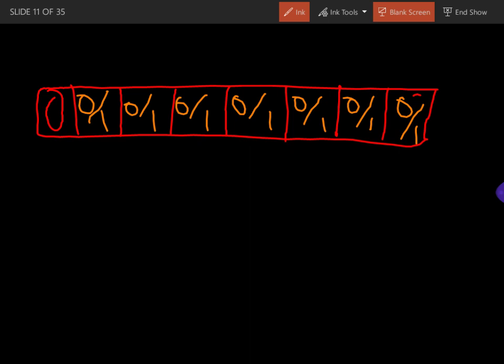So if you look at the way the bits are laid out, we have 7 bits that we can change, which means that for each bit there are 2 options, so there are 2 to the power 7 combinations that we can generate for different network IDs.